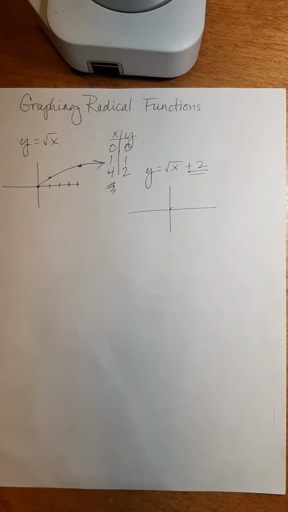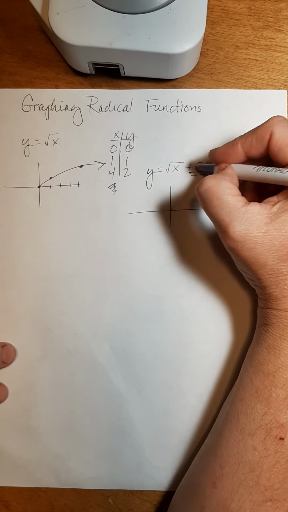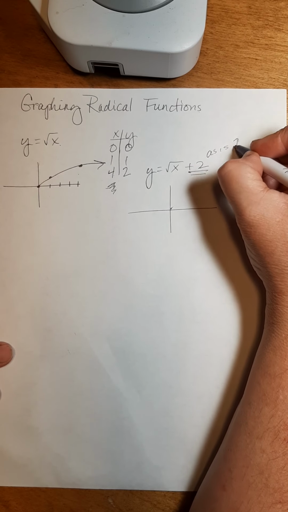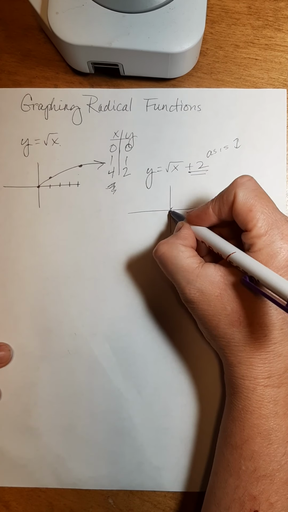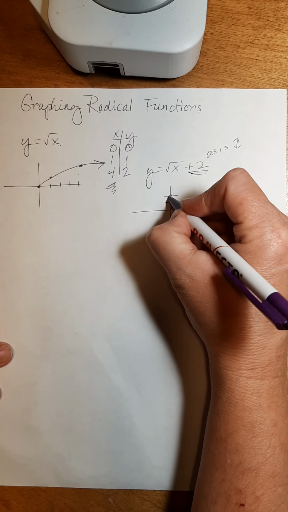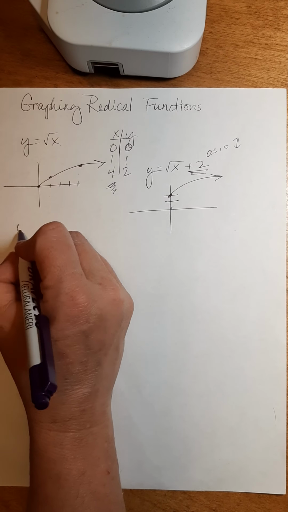Now remember, if it's on the end, just like with square roots and absolute values and parabolas and every graph, when you translate it, if it's on the end, you always do as is, up or down. So it's still your square root, but you're just going to go up 2 and do your square root.